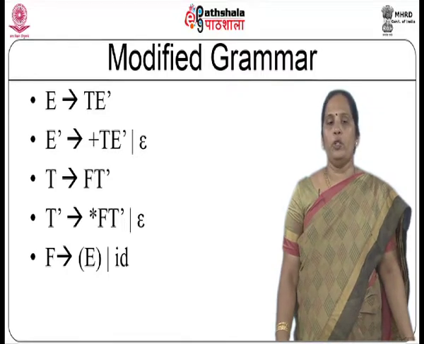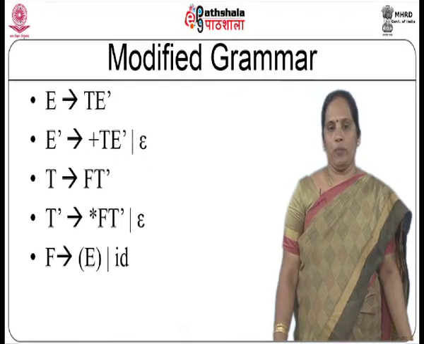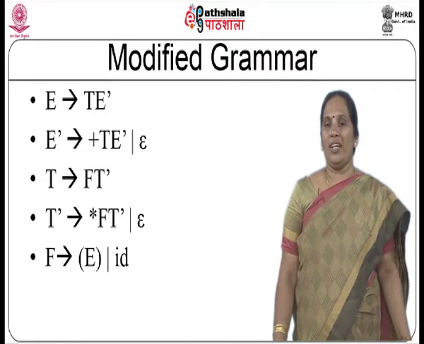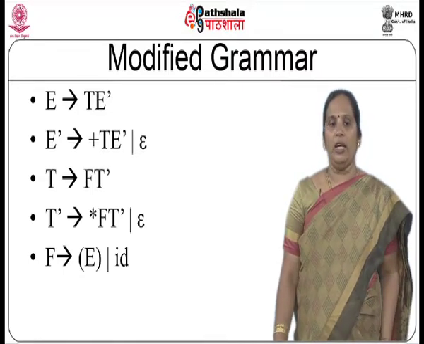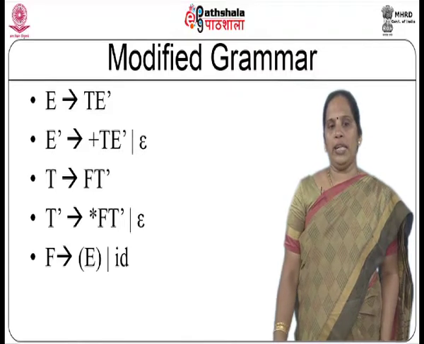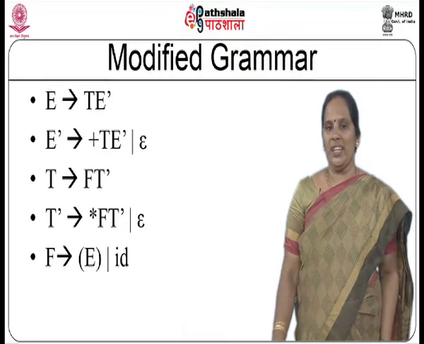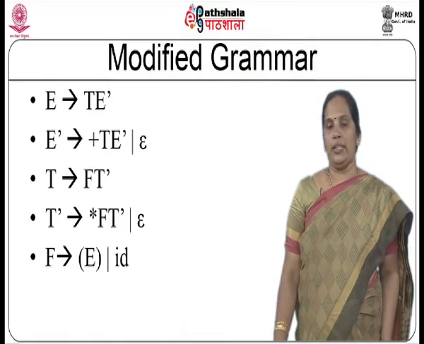So, I have to introduce one new non-terminal here, and I am calling that non-terminal E dash. Correspondingly, I am calling a non-terminal T dash for T star F, and there is nothing for F. So, here E produces T E dash, and E dash produces the residue, plus T E dash or epsilon.